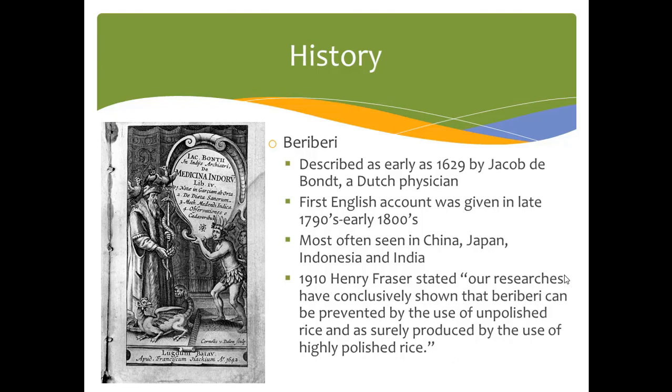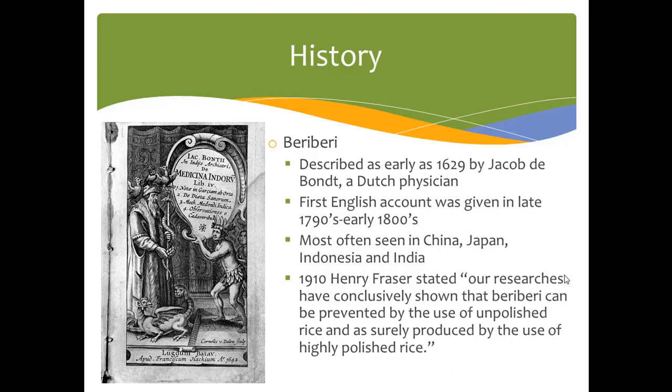And then the first English account was given in the late 1790s to early 1800s. So this is where it first started to really be explored, and it was really fascinating reading the process that they went through in order to uncover the root cause of this problem. It was most often seen in China, Japan, Indonesia, and India. So there was something sort of endemic or something specific to these areas.